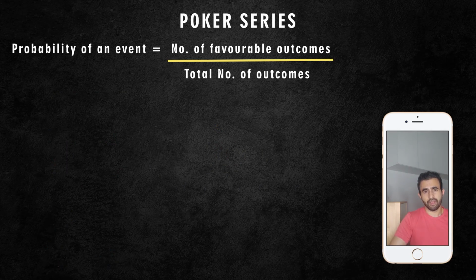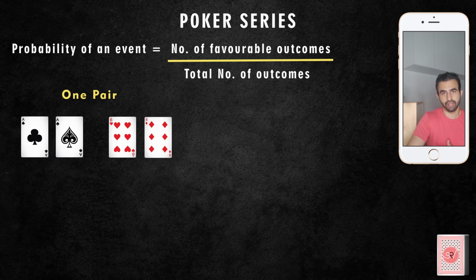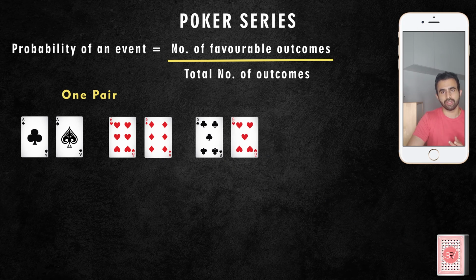Let's describe the different hands that are there in poker, and we will start off with one pair. One pair essentially means that you have two cards of the same rank, but of different suits. For example, if you have two aces, two sixes or two fives, that constitutes one pair. The other three cards that you have, remember in poker you hold only two cards.